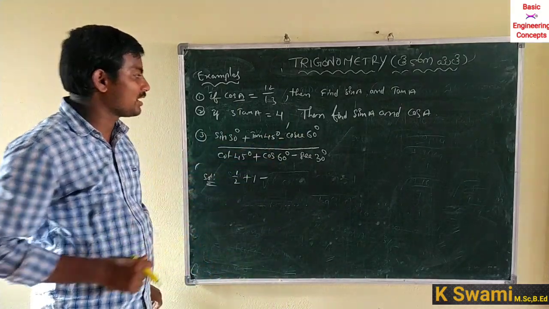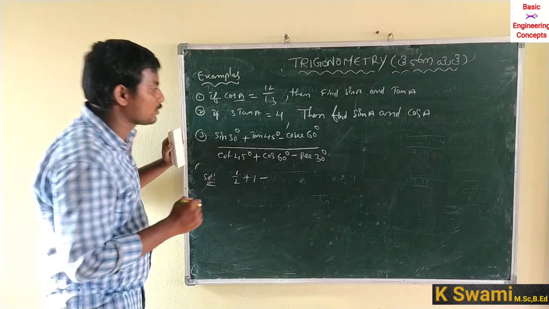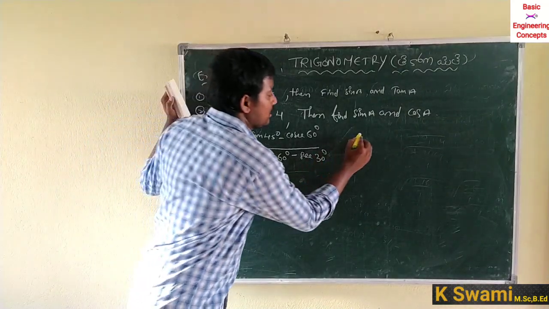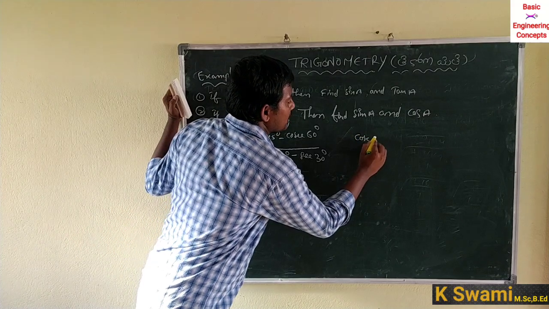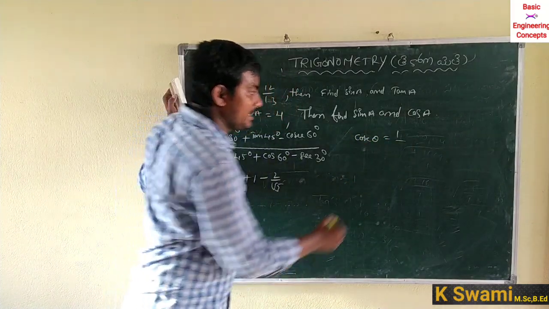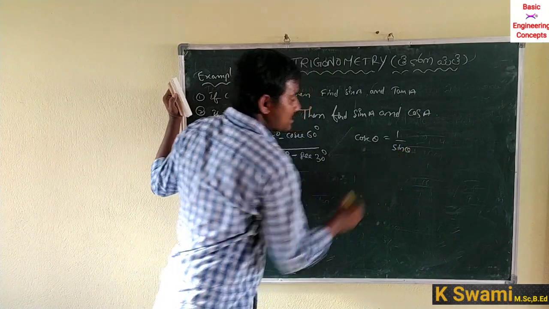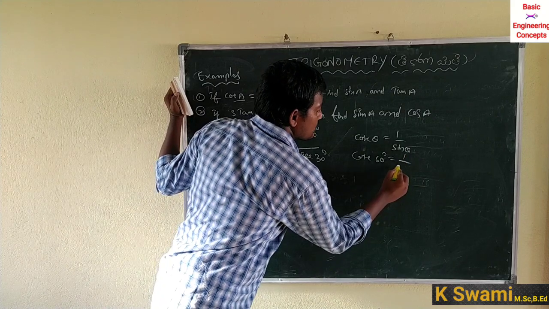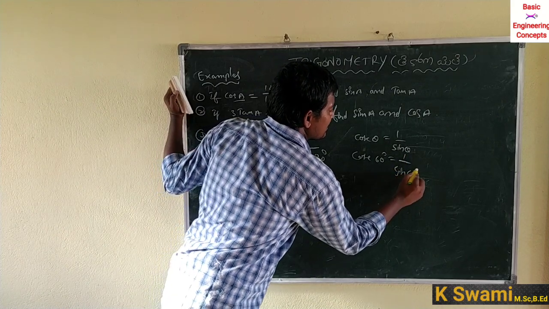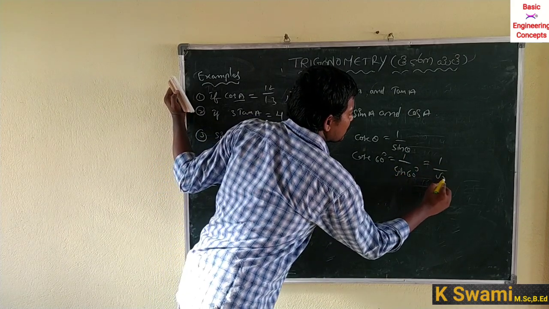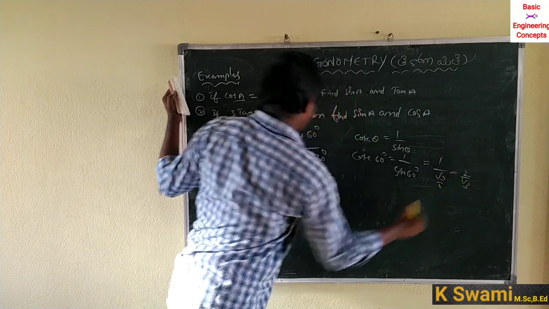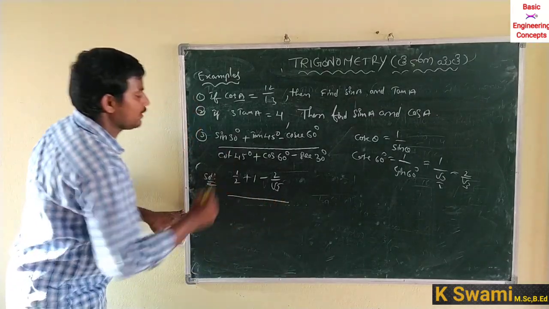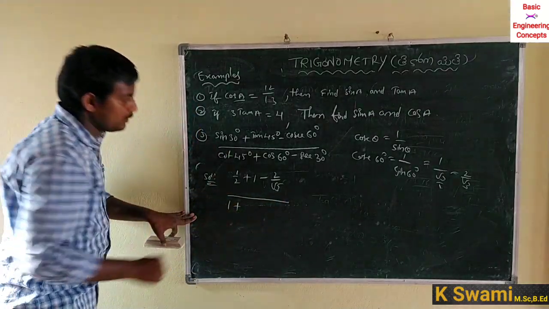Cosecant 60 degrees: cosecant theta is equal to 1 by sin theta, and sin 60 degrees is equal to root 3 by 2, so cosecant 60 degrees is equal to 2 by root 3. Cot 45 degrees is equal to 1.